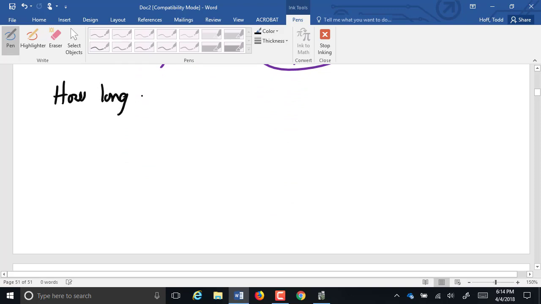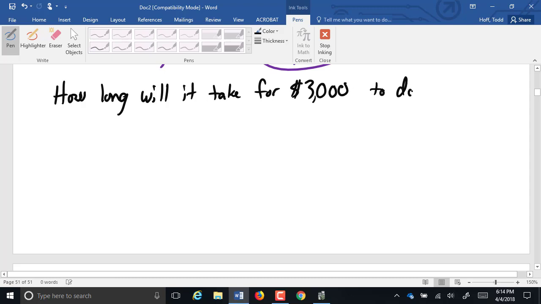How long will it take for $3,000 to double at 6%?